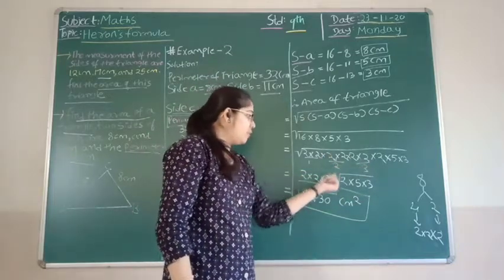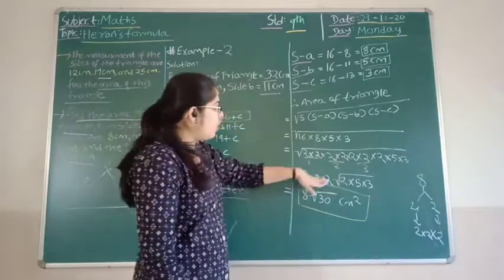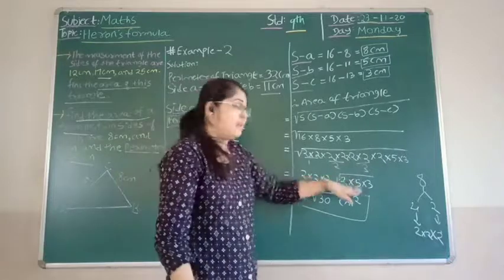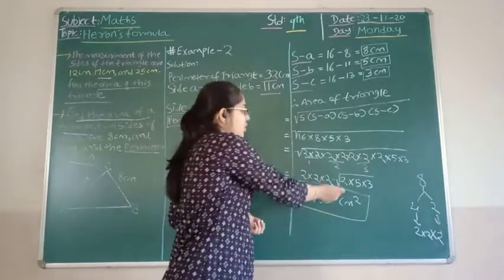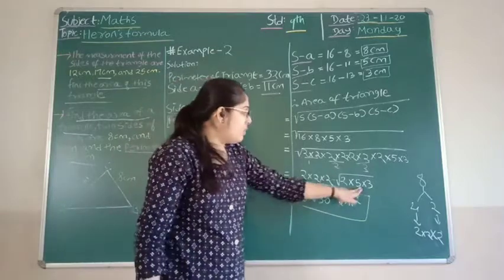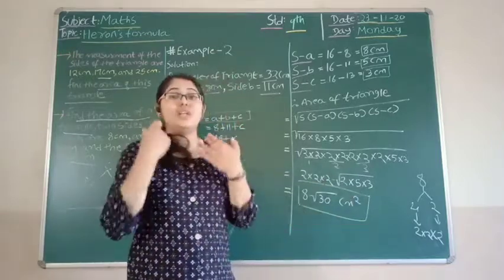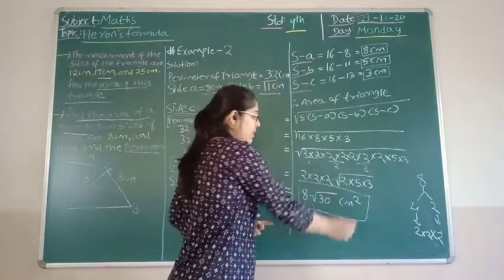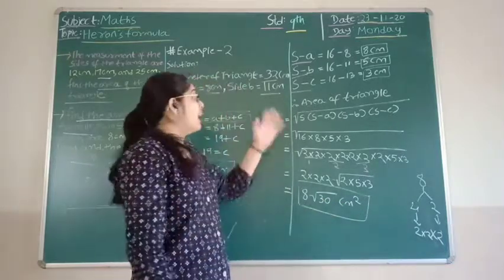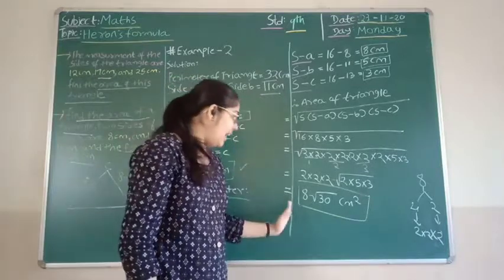And the terms which are not in a pair are left in the root, and this is equal to 8, and this whole multiplication is 30, and we need to remember the unit will be centimeter square. So this is how I am getting the area of the triangle, that is 8 under root 30 centimeter square.